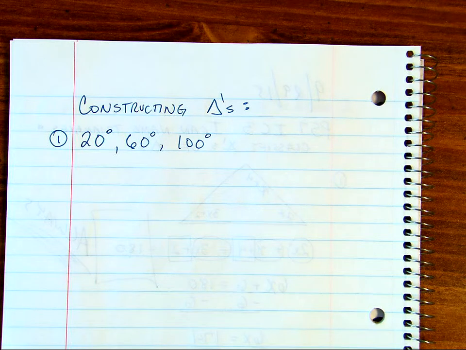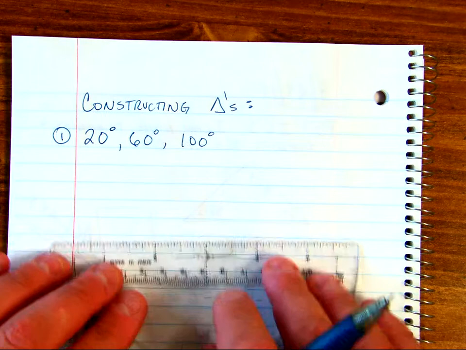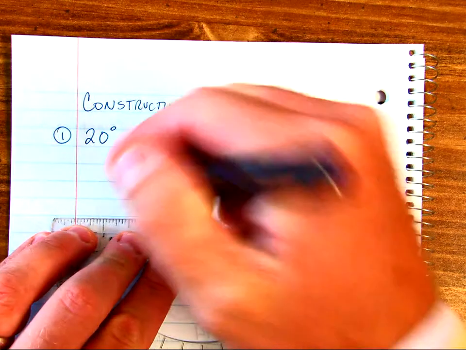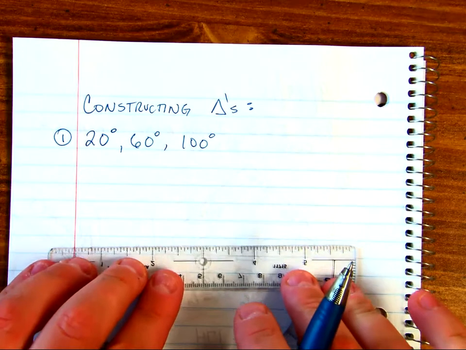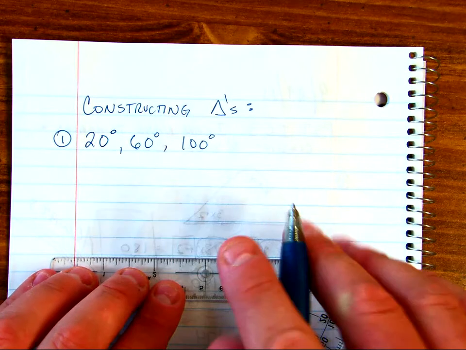So smart. Anytime you are constructing a triangle, the very first thing you have to draw is the base. We always start with the bottom. I'm going to leave some room because I have no idea how small or large this is going to be.